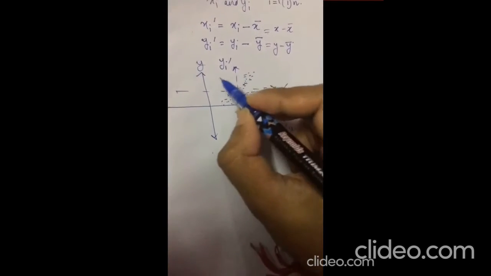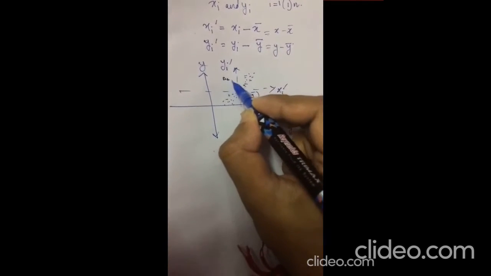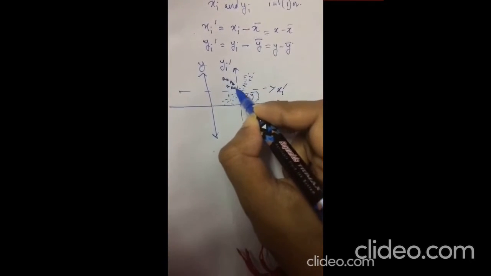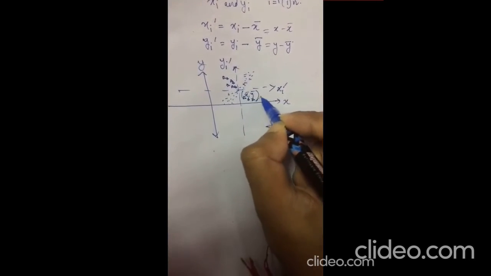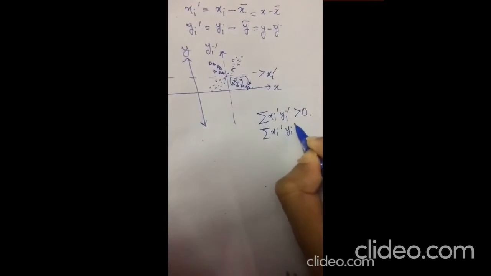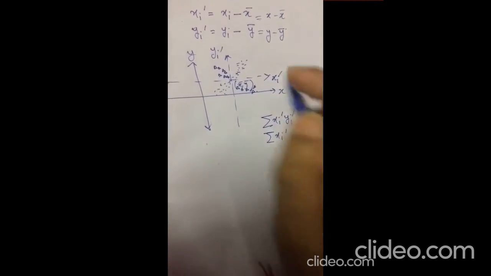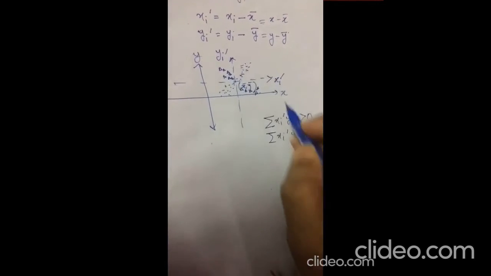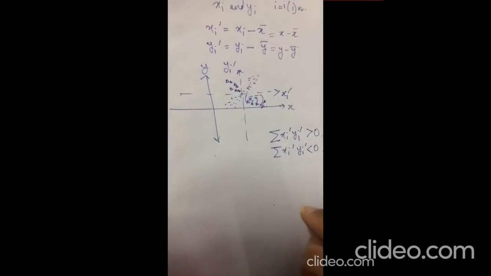And suppose the values are oriented like this, most of the values, then what can you say? The summation of xi prime yi prime will be less than 0. And suppose they are evenly distributed, we can say it's a case of zero correlation.